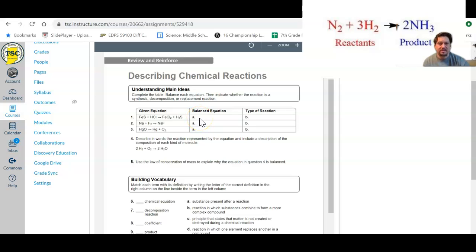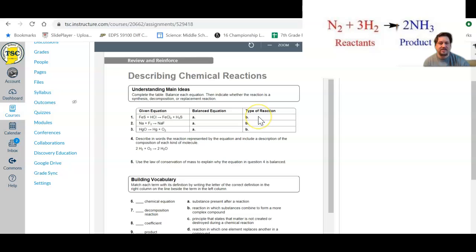So to balance this, the balanced equation would be FeS plus, we need 2 H's and 2 Cl's, so we write FeS plus 2 HCl yields FeCl2 plus H2S.